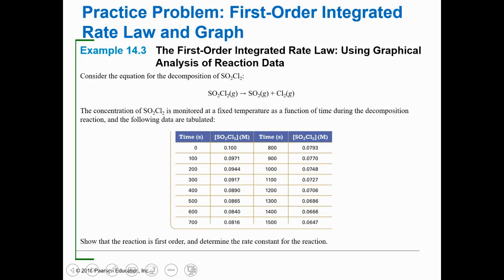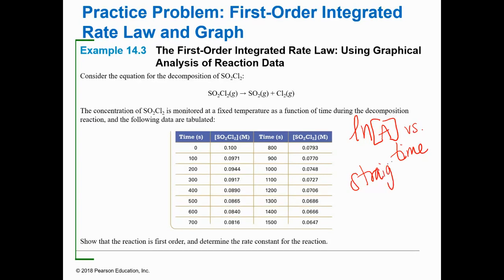All right, so here we need to show that the reaction is first order, determine the rate. Okay, so the easiest way to show that the reaction is first order is to plug this into Excel and then graph it. Because remember, the first order graph is ln of A versus time would be a straight line.